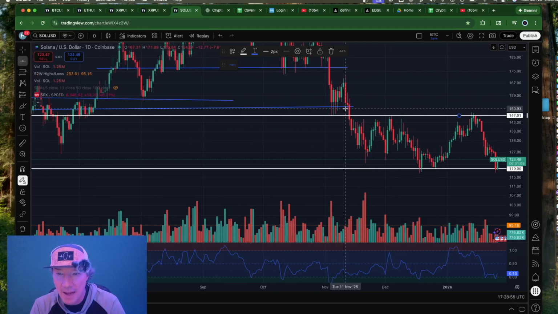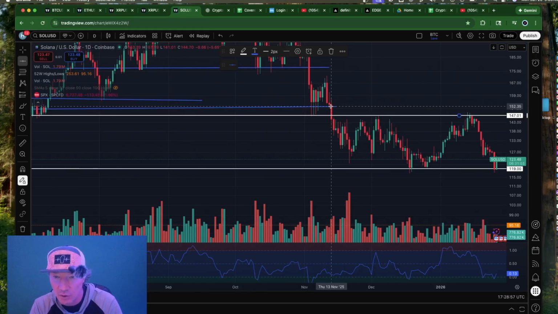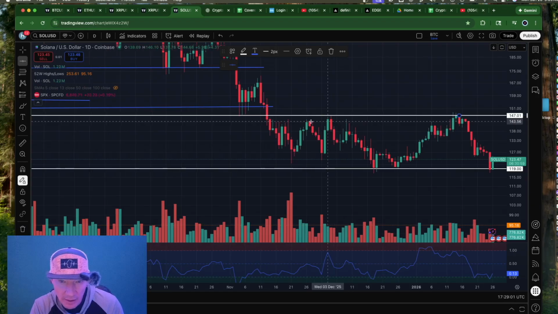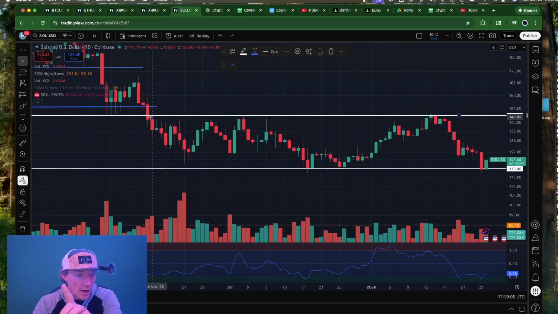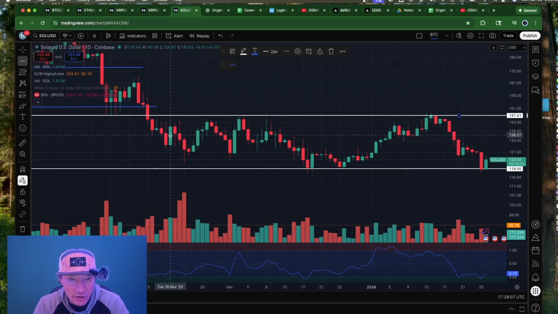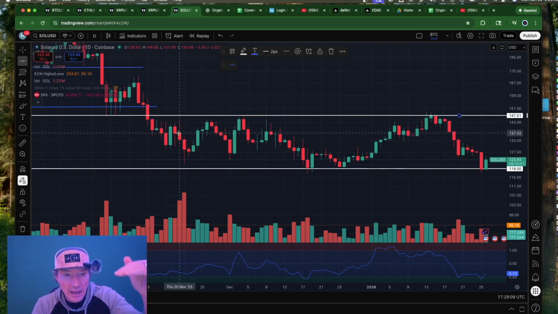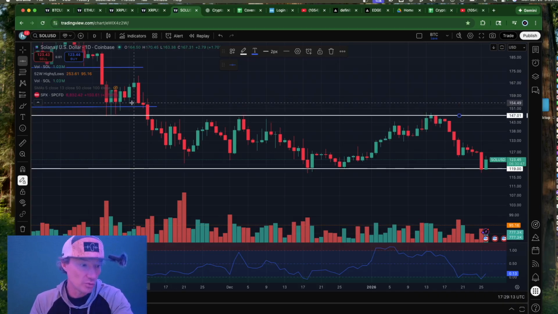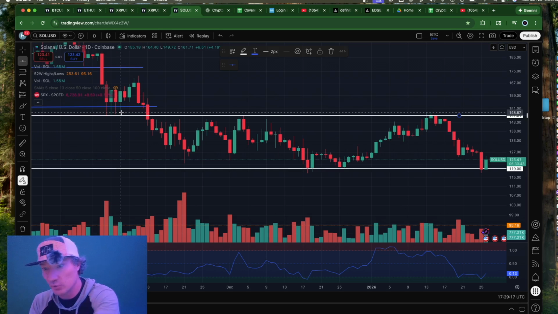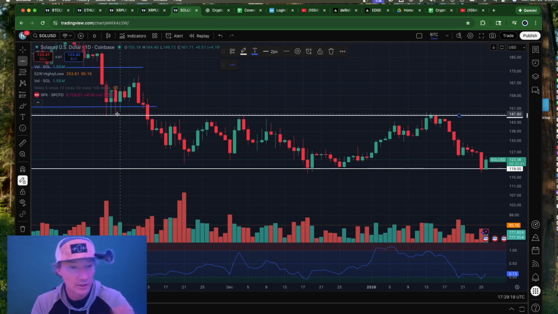Look what happened when this red candle broke below the support right here. It broke below, and what did it do? It turned into a resistance line. Right here, it was support. Right here, when it bounced off this, I said resistance because we're calling it the resistance line over here.